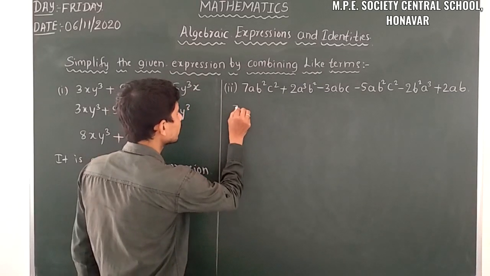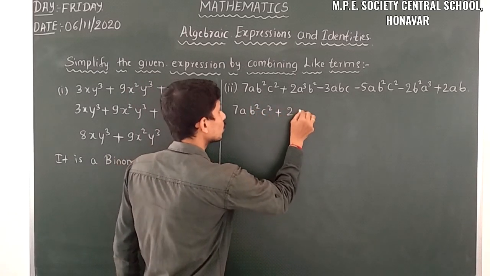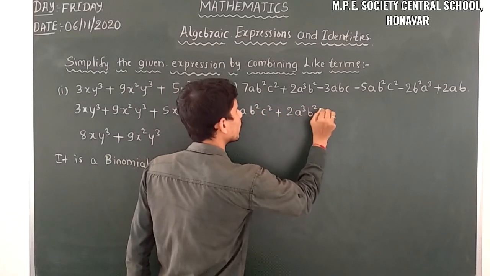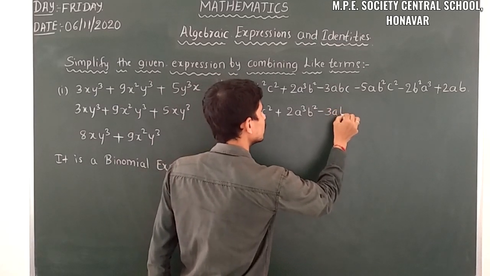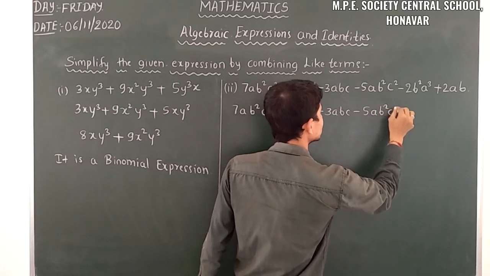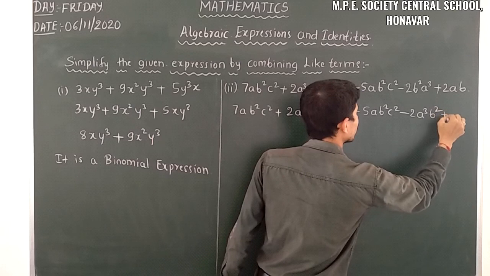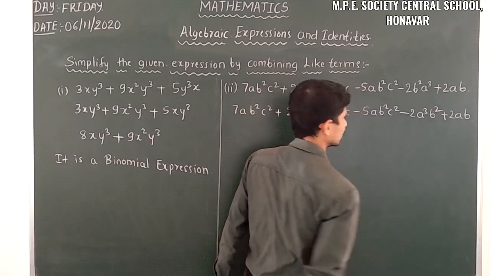So firstly you have to convert it like that: 7ab square c square plus 2a cube b square minus 3abc minus 5ab square c square minus 2a cube b square plus 2ab. Yes.